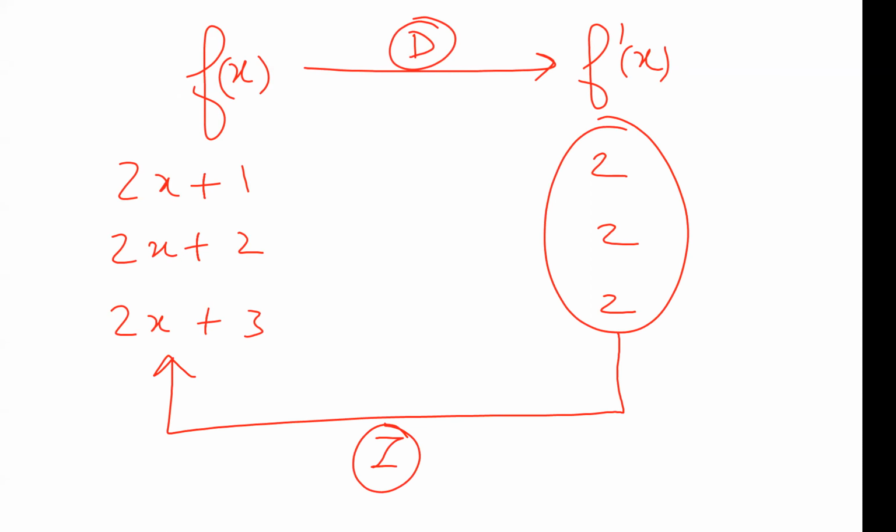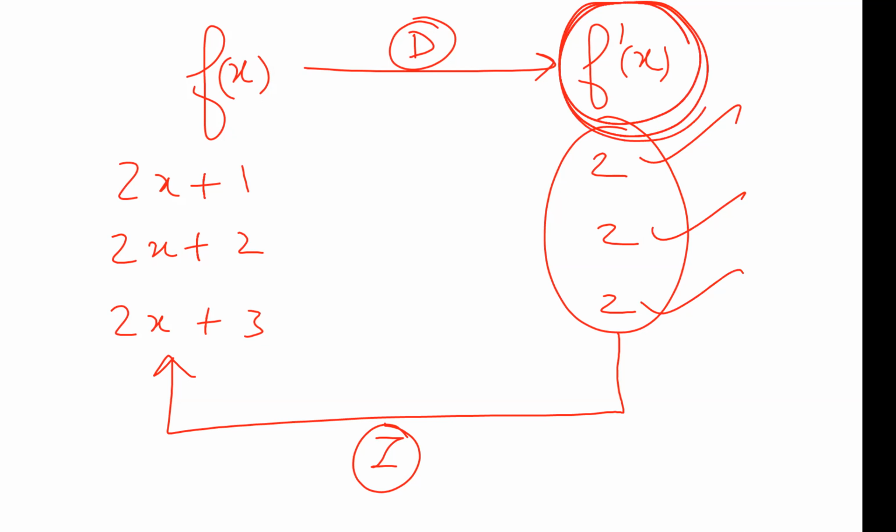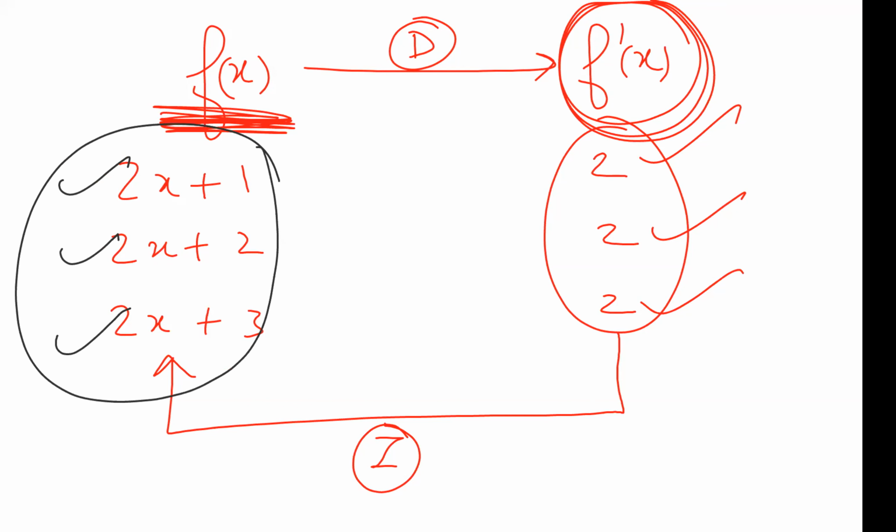If I integrate f dash x, I am supposed to get f of x. So what is the right answer? Is it the first one, second one, or the third one? Are you trying to think over it? All three are correct.